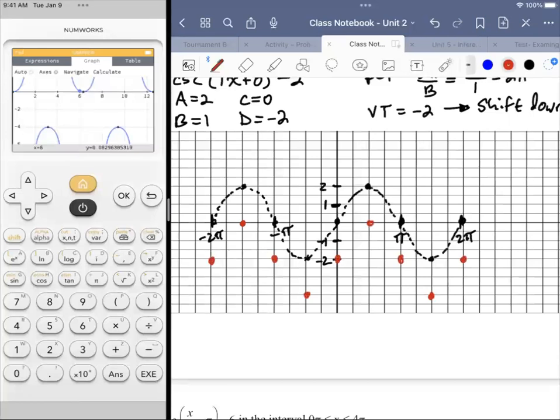A lot of dead air, but we have the shifted sine wave.